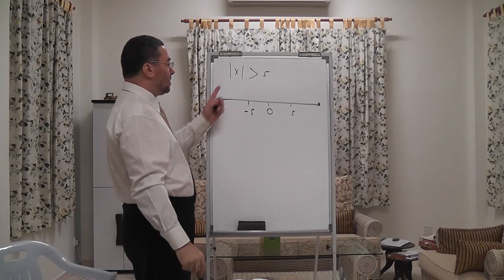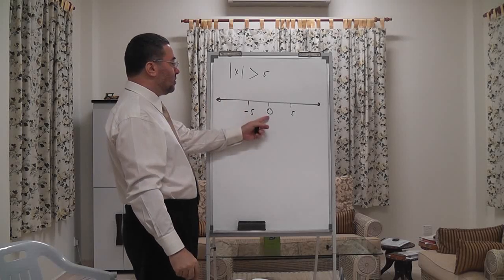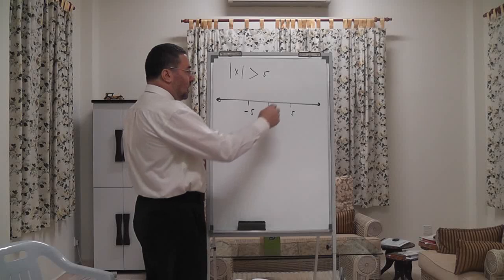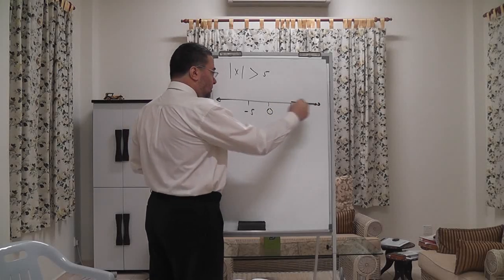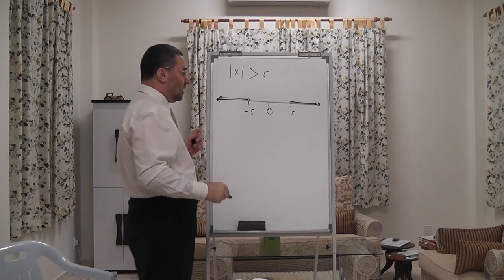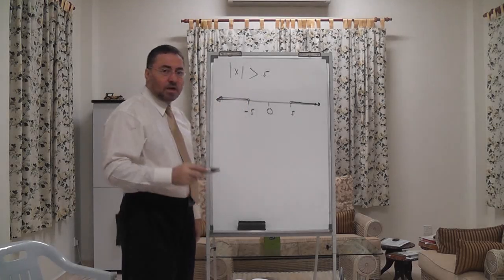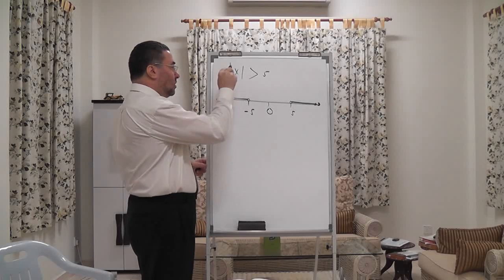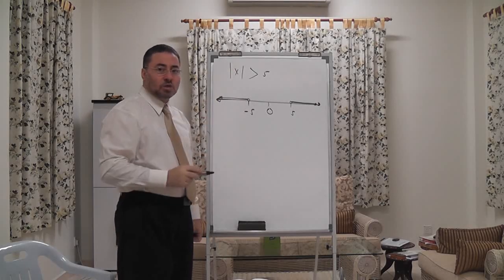Here we are saying that the distance of x away from 0 is more than 5 units, and that will be in this region or in this region. Even though the numbers are negative, when they go inside the absolute value, they come out as positive numbers.